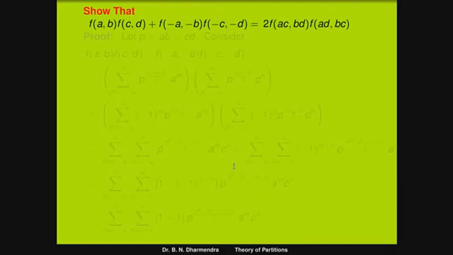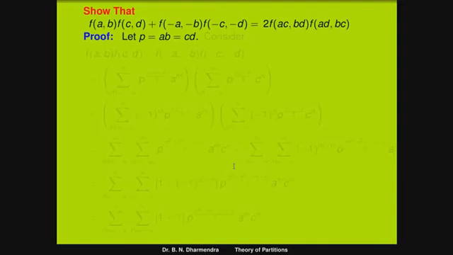What is the given term? Let p be equal to ab equal to cd. Suppose ab is equal to cd, that is the given term. Here we take p equal to ab equal to cd.